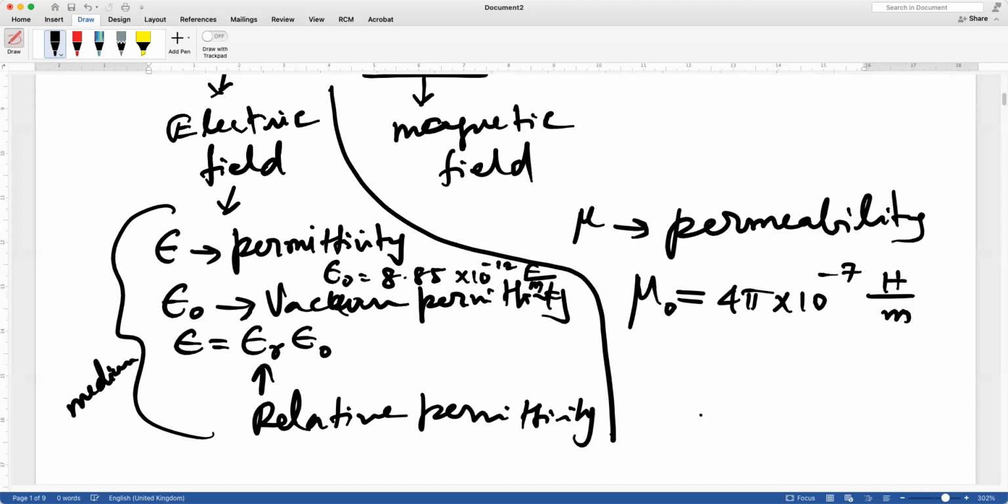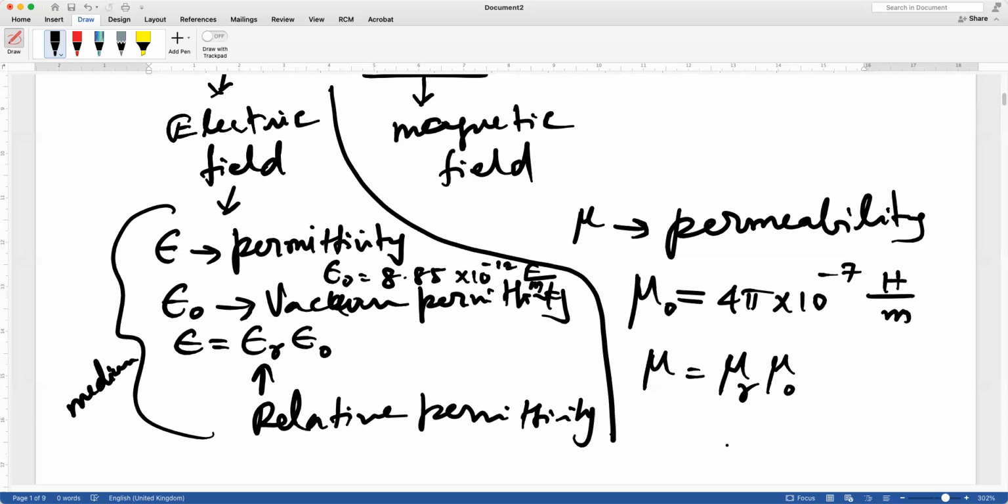The units are always very important. When we have them, it will be very handy. In case we don't know how to solve a problem, we can cook it out of the units. The mu will also be expressed as mu r, the relative permeability, multiplied by the vacuum permeability.